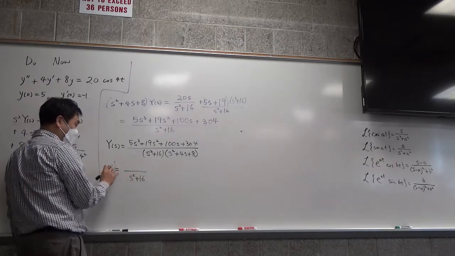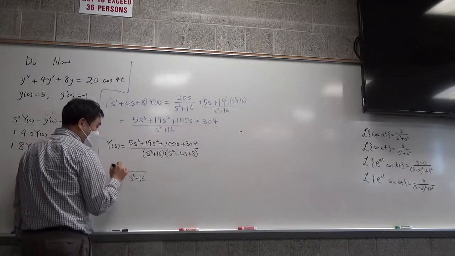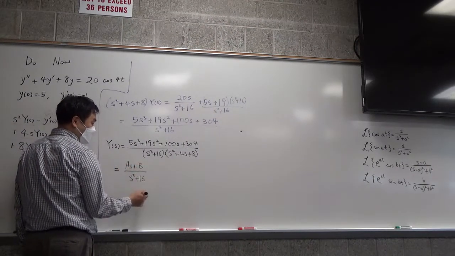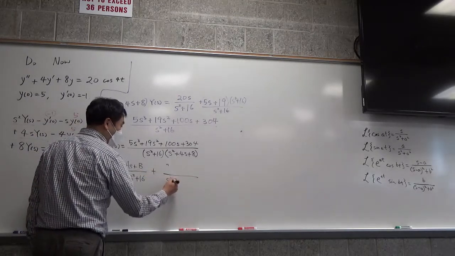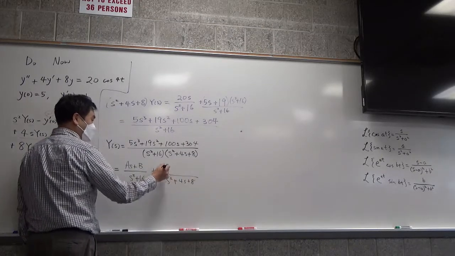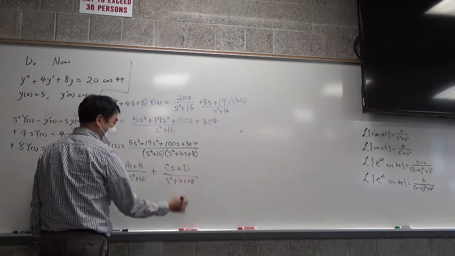So don't write after the equal sign. Look what I'm doing. So first you're told to say AS plus B, and plus, you also have the other one, s squared plus 4s plus 8, and you're supposed to do CS plus D, right?